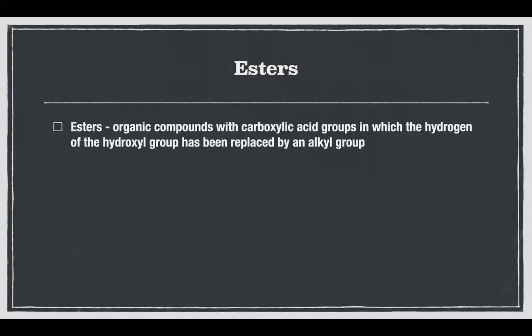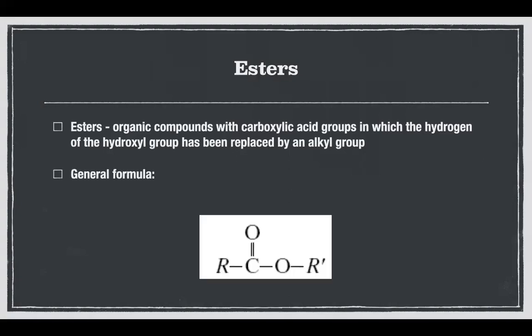Okay, now we get to esters. Now, esters are basically if you take a carboxylic acid and the hydrogen from the hydroxyl group is replaced by an alkyl group. So the general formula here, again, this is our original carboxylic acid, but we have removed the hydrogen and we've replaced it with an alkyl group.